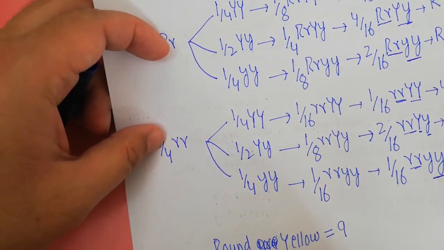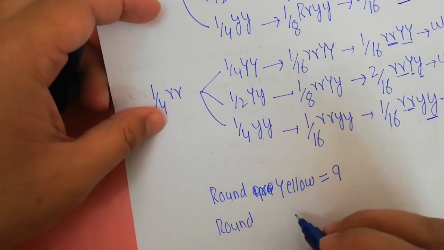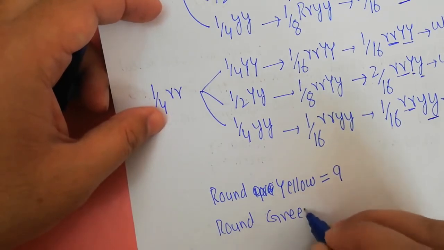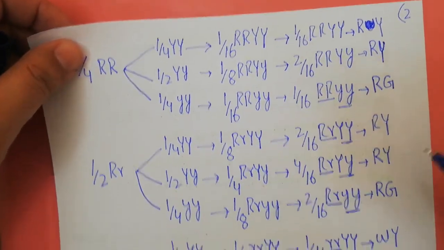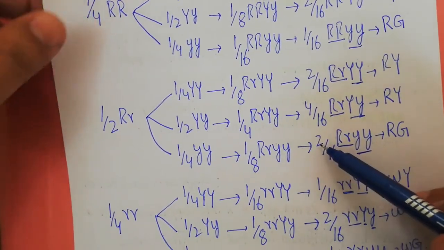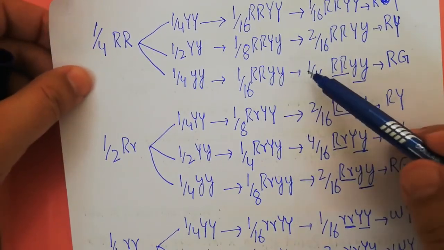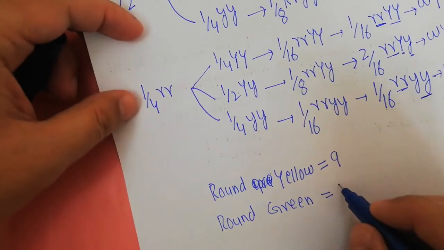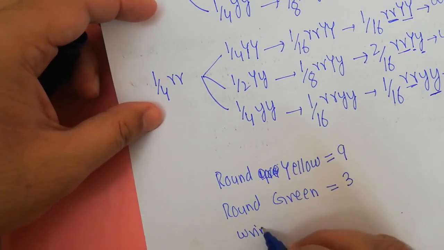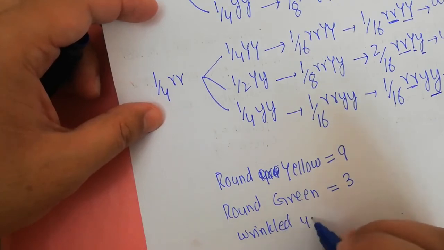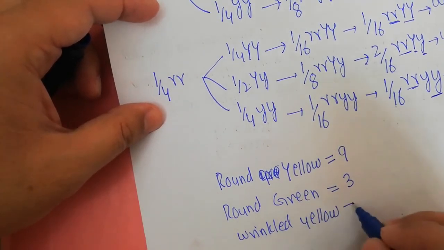If you talk about the round and green ones, how many of them will there be? So let us count the round green. This is round green, 1 of them. This is round green, there are 2 of them. So 1 and 2 make 3. So you have got 3 round and green. Let us talk about the wrinkled yellow. How many wrinkled yellow are there?